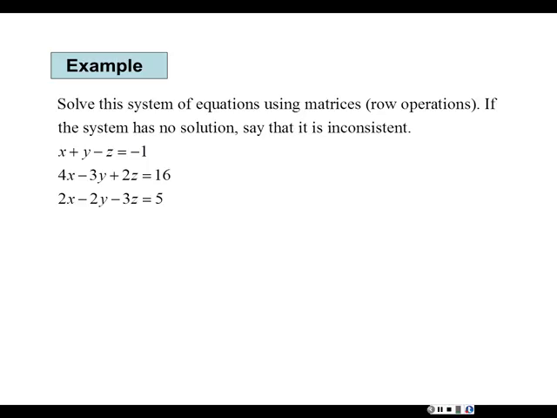times row 3. So row 1 is same, 1 0 negative 1 0 1. Row 2 is also same.